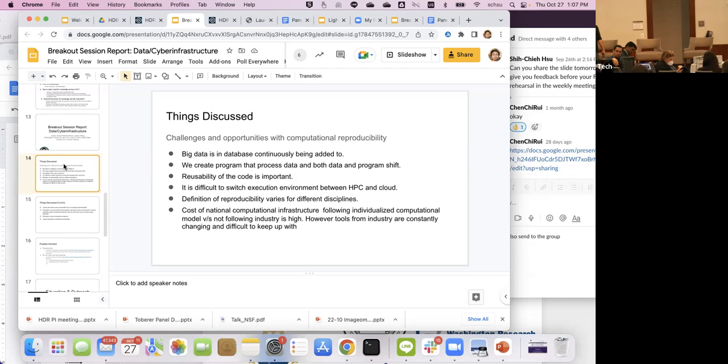We may really have a good conversation of how to make it for the broader HDR community beyond come show up at our workshop, because that's a very non-scalable approach. How do we make it a little bit more scalable? Perhaps we are using model commons, by the way.